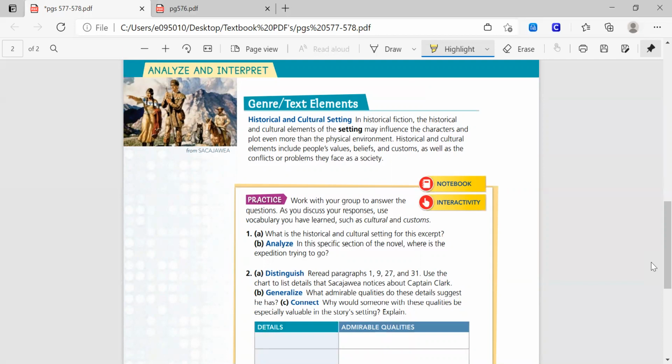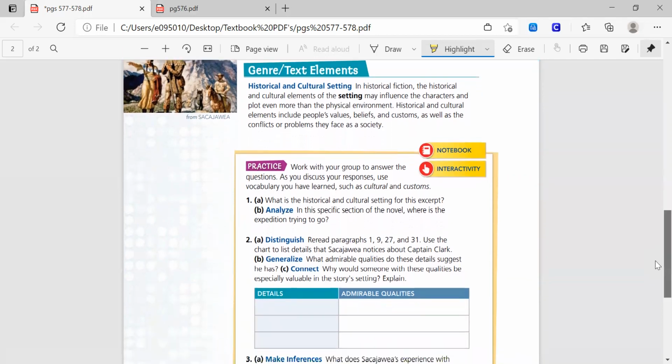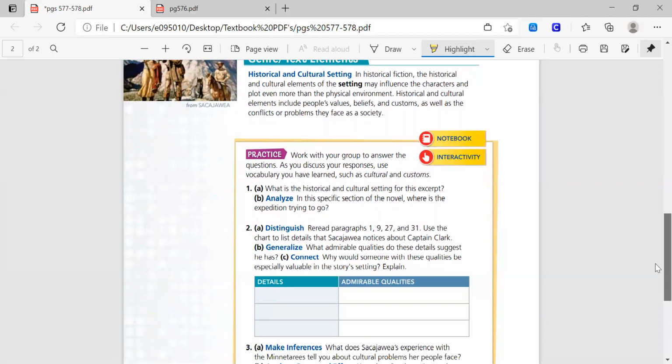In historical fiction, the historical and cultural elements of the setting may influence the characters and plot even more than the physical environment. Historical and cultural elements include people's values, beliefs, and customs, as well as the conflicts or problems they face as a society.